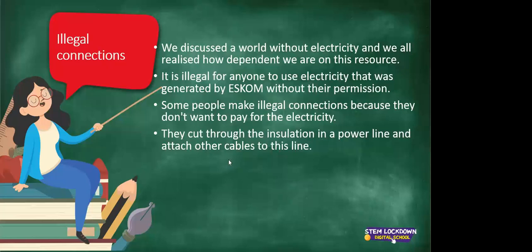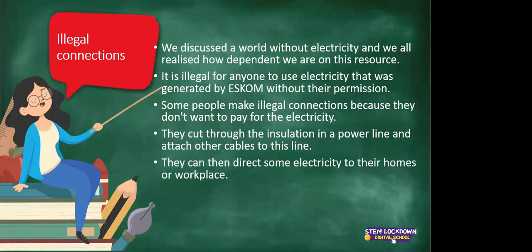If you do happen to see illegal connections, you have to really stay away from them. They can then direct some electricity to their homes or workplace. As soon as people connect their own cables to the main power line, they can receive electricity in their homes or workplaces.